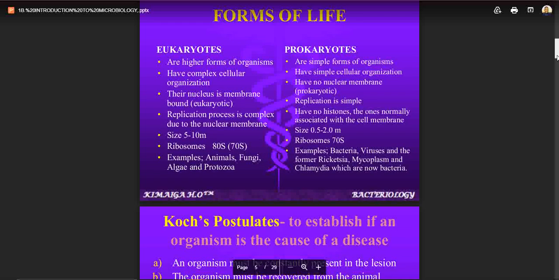On this one, I needed to get it clear that there are higher forms of organisms, and that is eukaryotes, and prokaryotes are simple forms of organism. Eukaryotes have complex cellular organization, like your body is eukaryote.